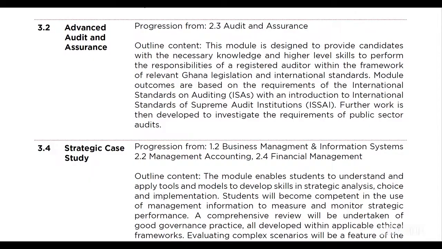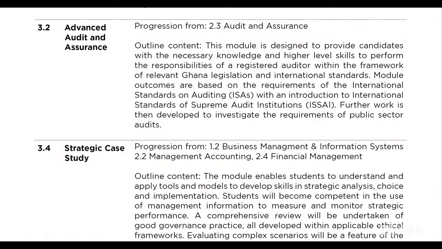But because we've sold the idea that audit is easy, audit is easy, it is actually easy, you get it? Than corporate reporting or any other paper. But if you don't learn what they want and give them the right answers, just like case study, you will find yourself wanting.